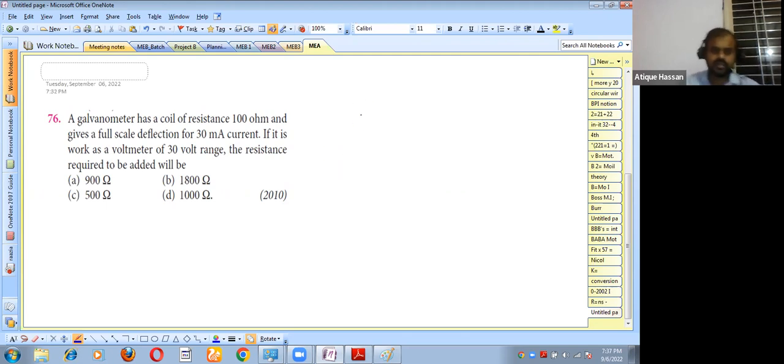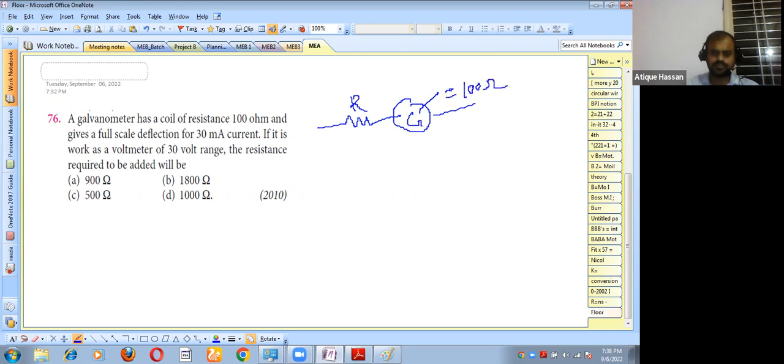So suppose we have a galvanometer and we have converted it into a voltmeter. So we have to connect a resistance in series. Suppose this resistance is R. So we have to find this resistance R, and the galvanometer resistance G is given as 100 ohm.